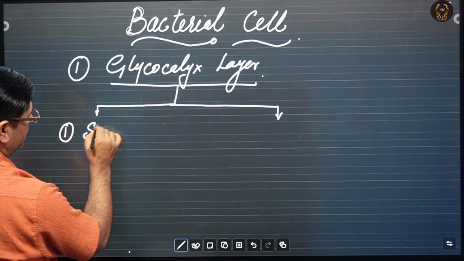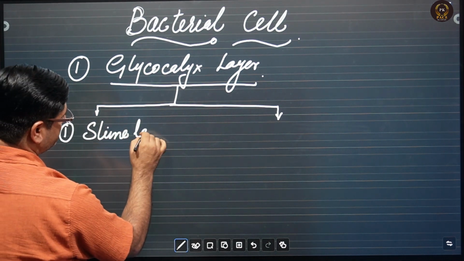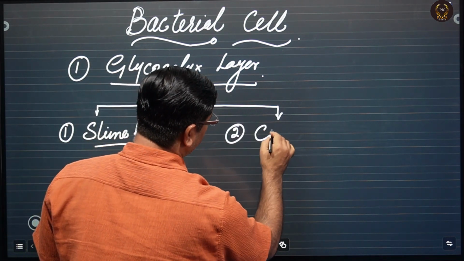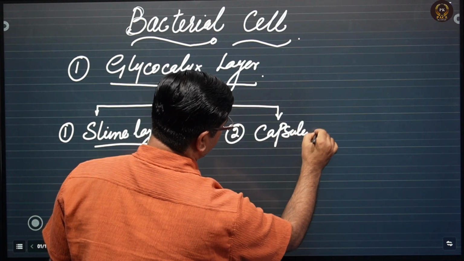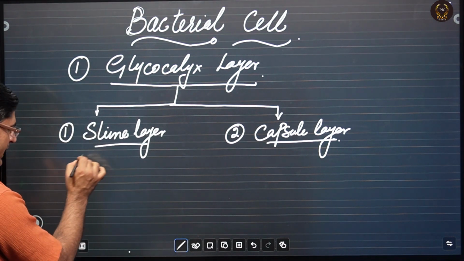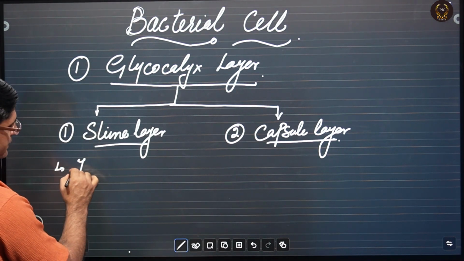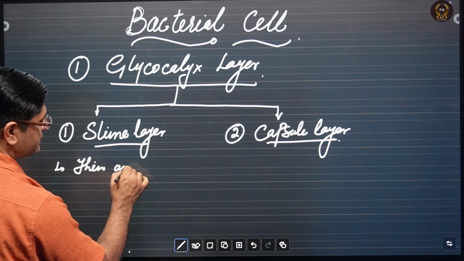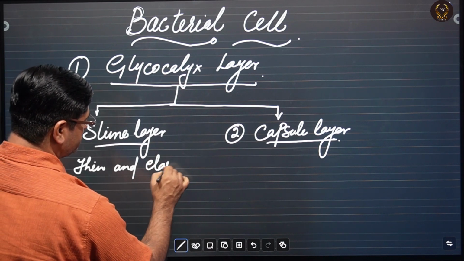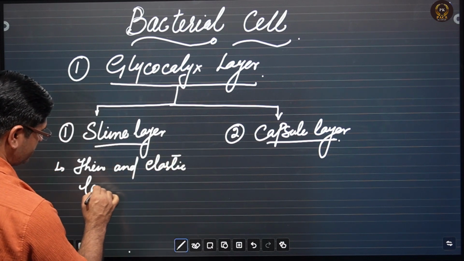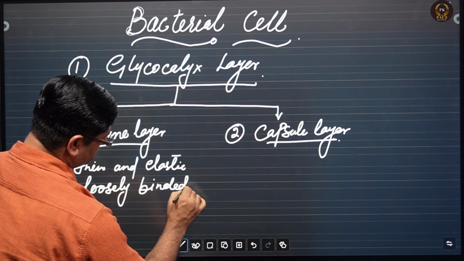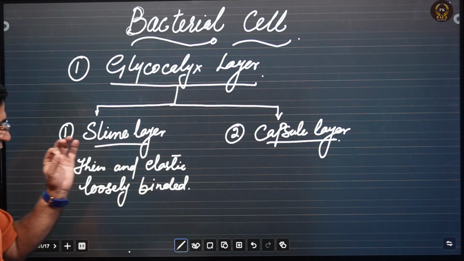One layer is called the slime layer, and another layer is called the capsule layer. Now the slime layer is thin, elastic, and loosely bound.